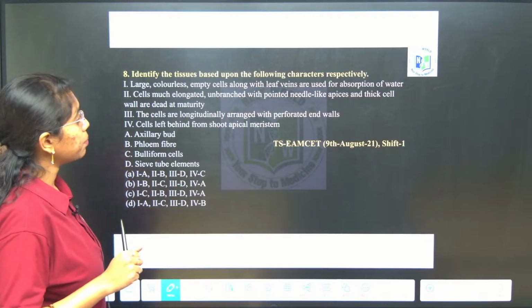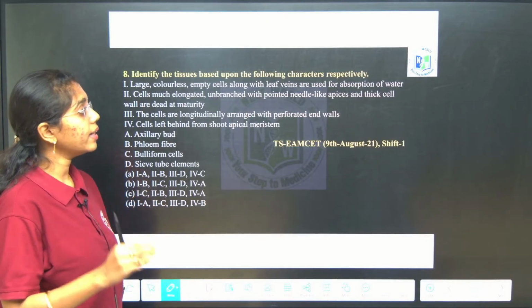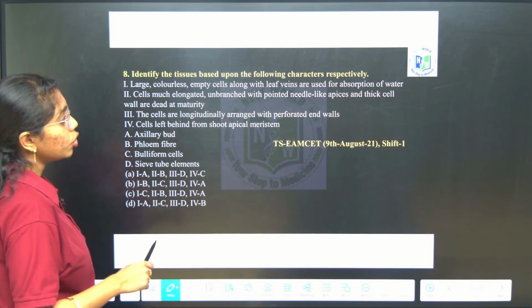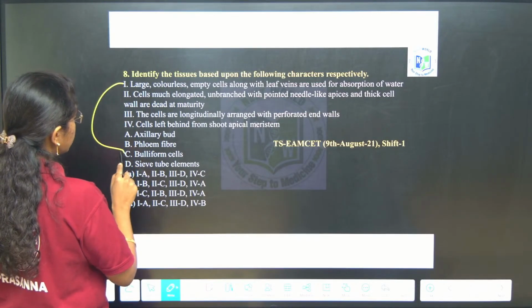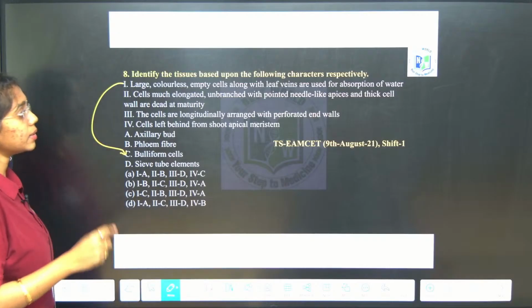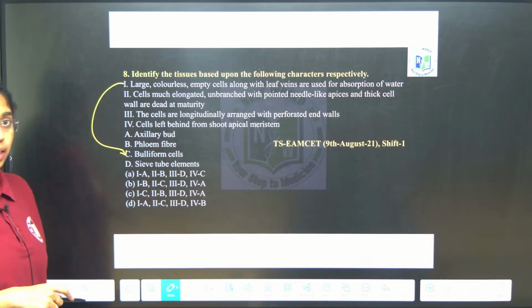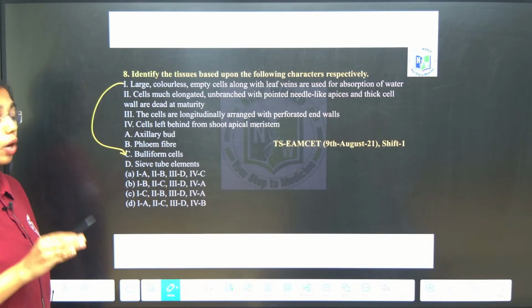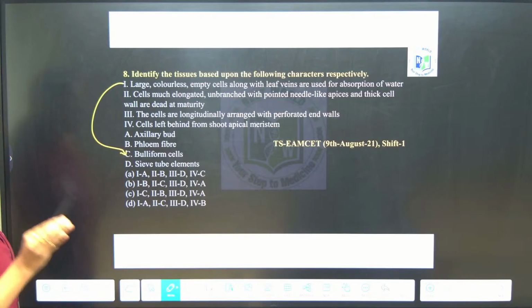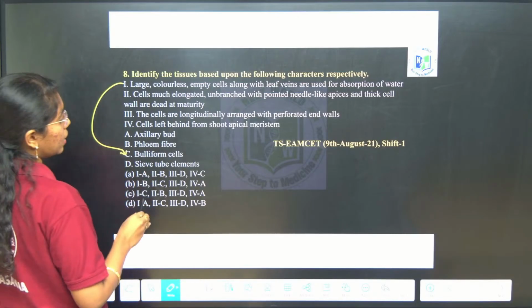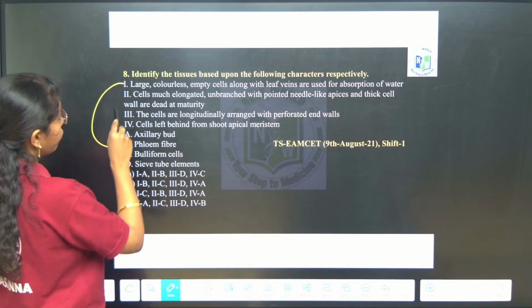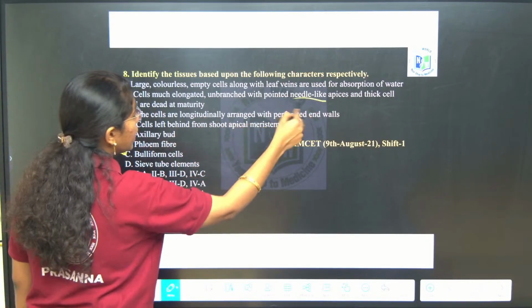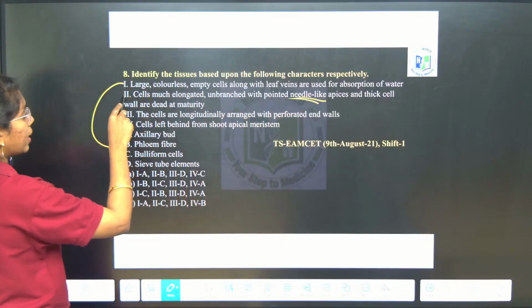Large colorless empty cells along with leaf veins are used for absorption of water. These are what? Bulliform cells. Next, cells much elongated, unbranched, with pointed needle-like apices and thick cell wall, and are dead at maturity. So these cells are what? Fiber cells, because they have needle-like apices. You can directly go and dead at maturity.